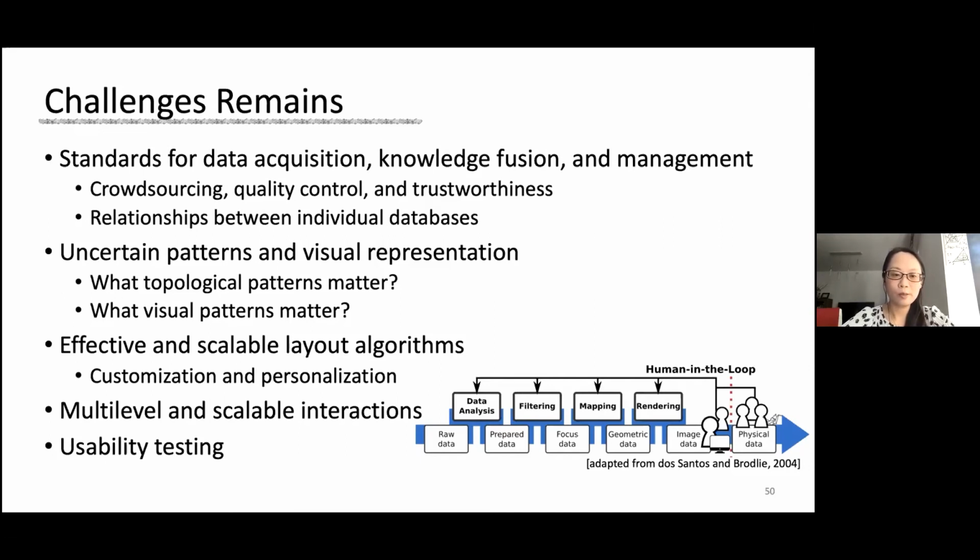And these uncertain patterns and visual representations confuse a lot of researchers, where if you are used to one representation, it's very hard to move on to another one.